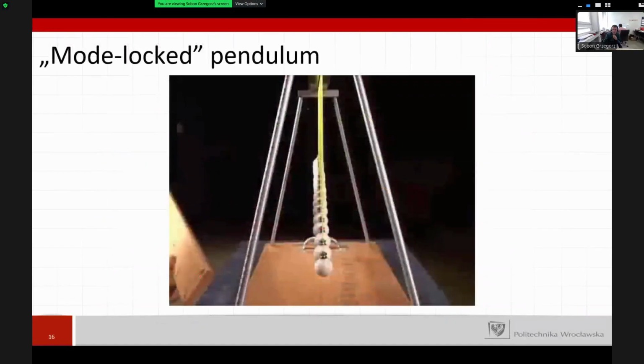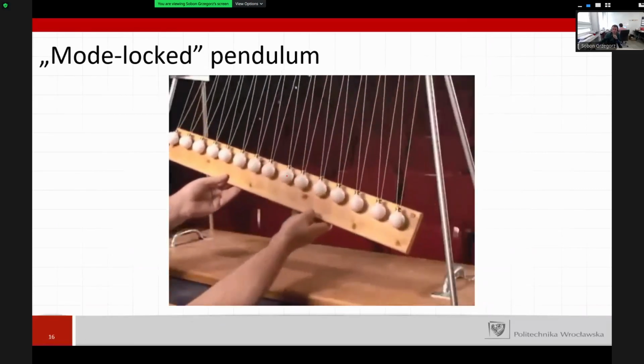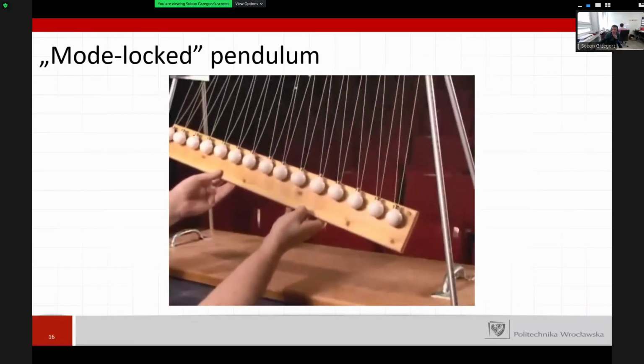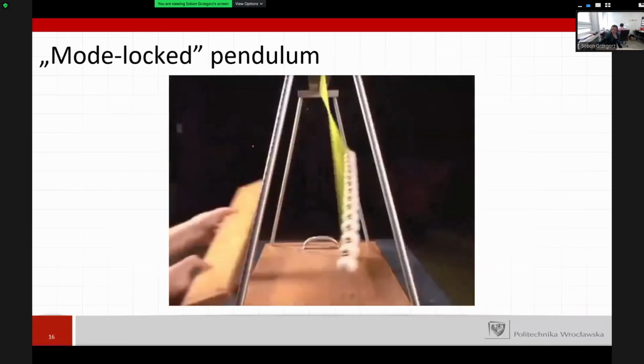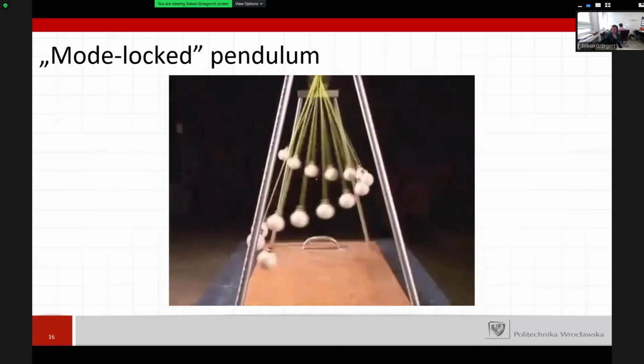I think I can show you another animation, another video that describes the principles of mode locking, but this is a completely non-optical example. I will play the movie. As you can see, we have a set of pendulums, and each pendulum will represent one longitudinal mode of the laser.